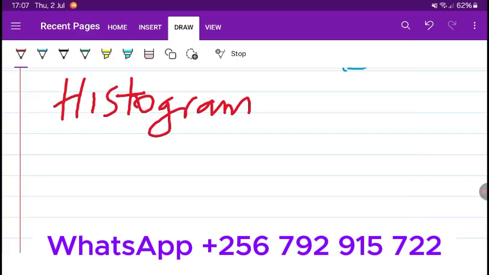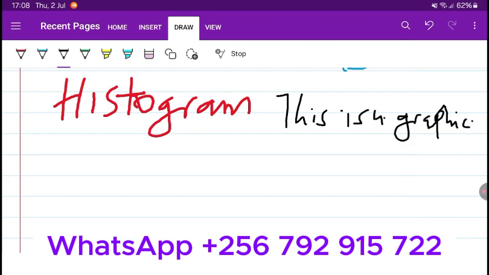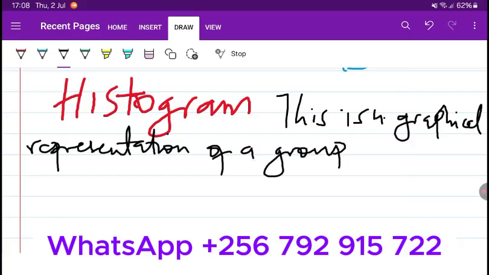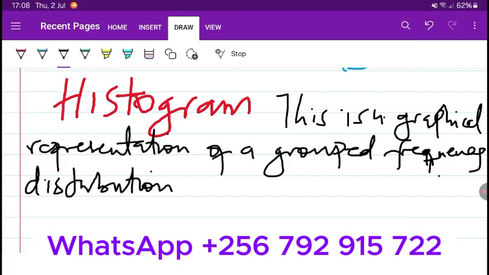Of course, a histogram is just a graphical representation of a grouped frequency distribution of a data set.